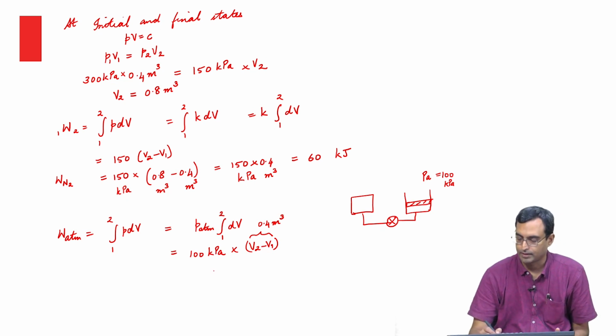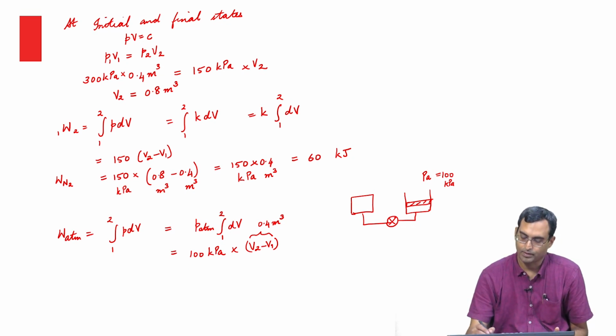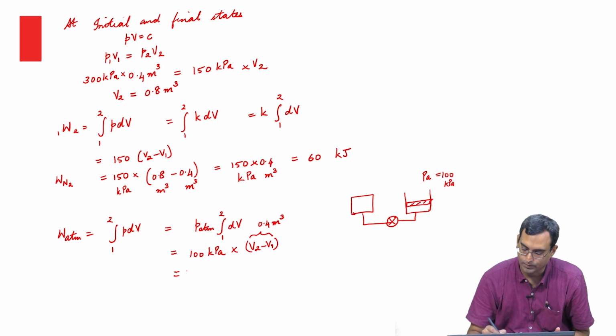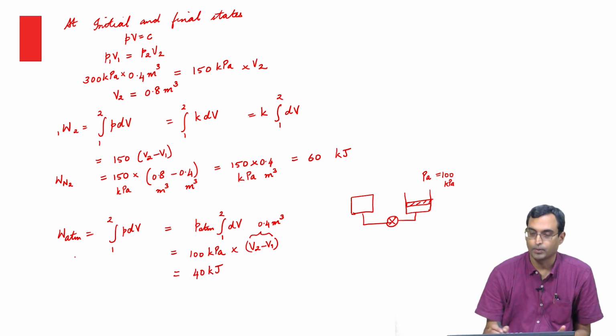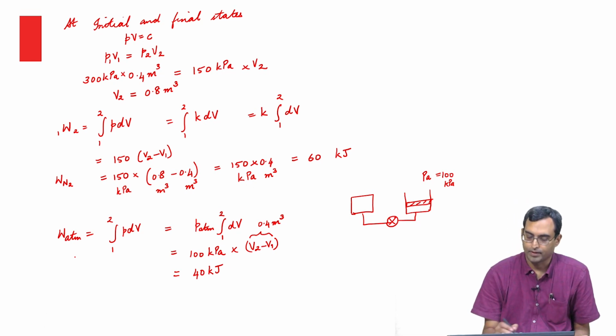Then if we multiply these two, we have 100 kilopascals and 0.4 meter cube. So, we would get this as 40 kilojoule. So, we would get the work interaction of the atmosphere as 40 kilojoules, and whatever is the difference.